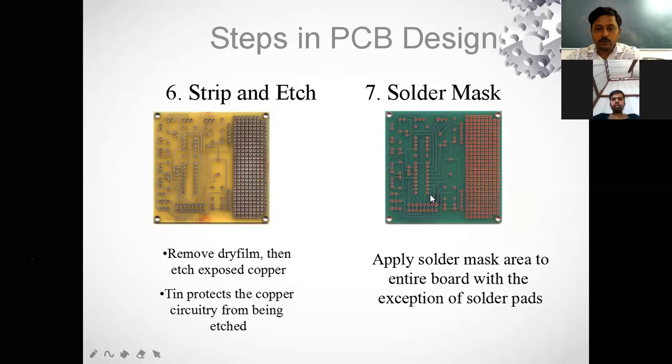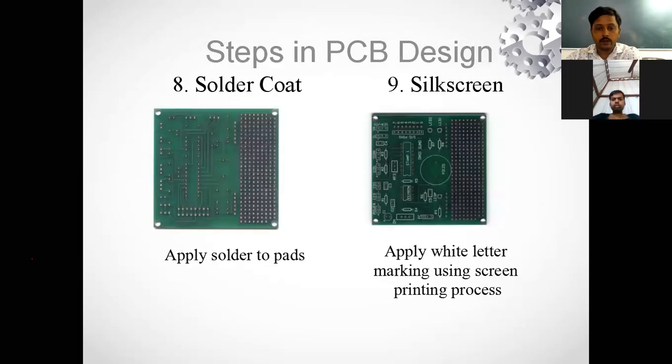Now you have to use a soldering mask over the entire board with the exception of solder pads. Now you can solder different components like here, and in some cases you also require some text like LED and so on, which denotes the positive point, negative point, or the name of the component.